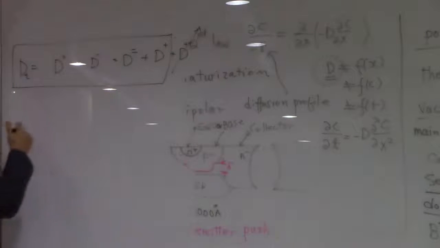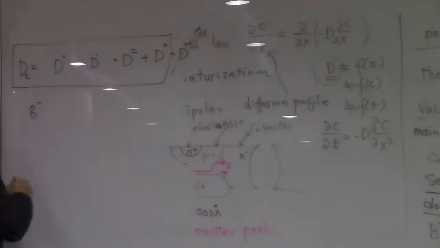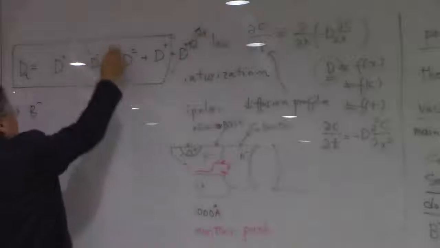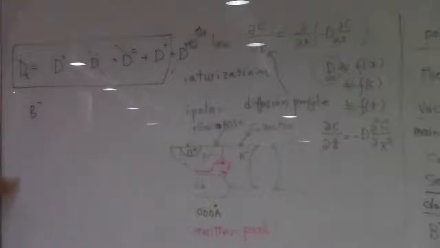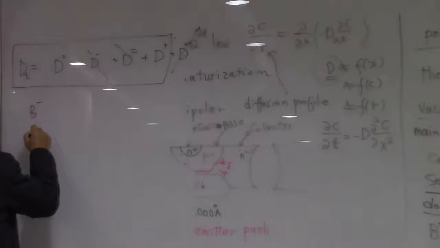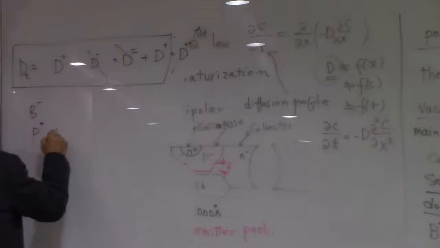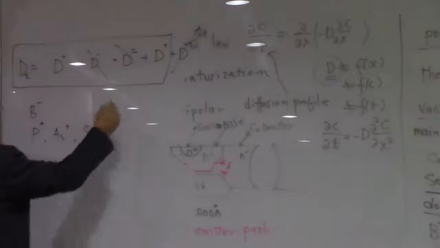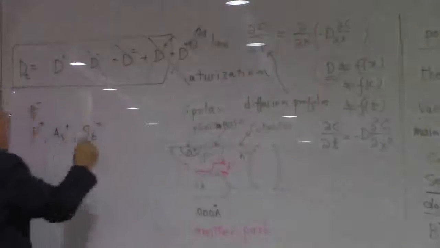Now if you want to talk about the boron, then we don't have to worry about these 2 diffusion coefficients, because it cannot be coupled with the same signs, right? If you want to talk about the phosphorus and arsenic and antimony, then we don't have to talk about this one.